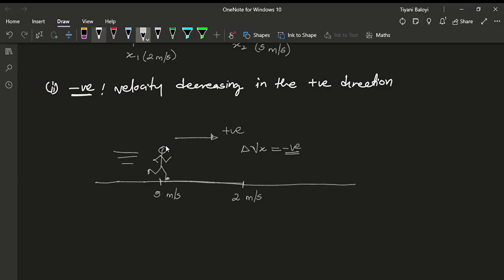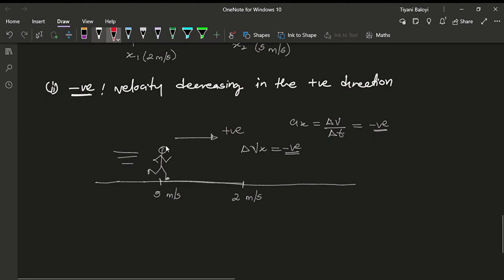What does that mean? This is negative, and we know that ax is equal to the change in v over the change in time. Time is a scalar, so it doesn't have a sign. It's always positive. So that will be a negative acceleration, because the change in v is negative. What's happening there?